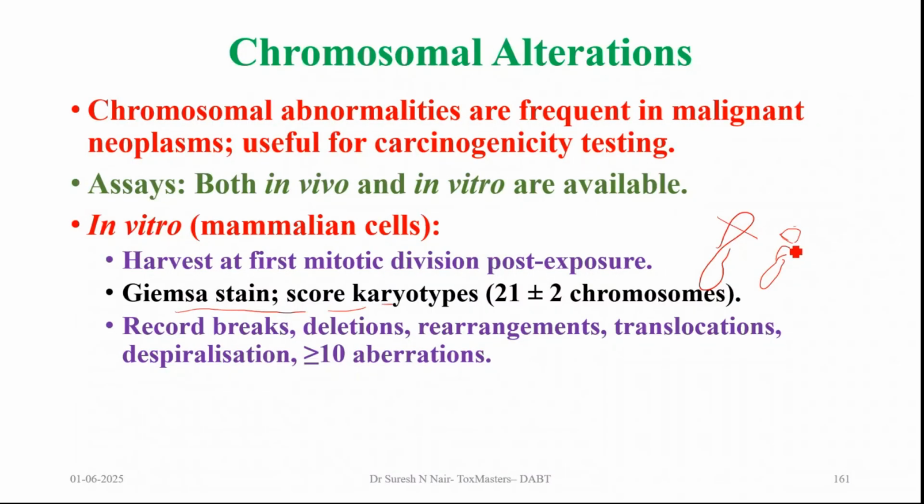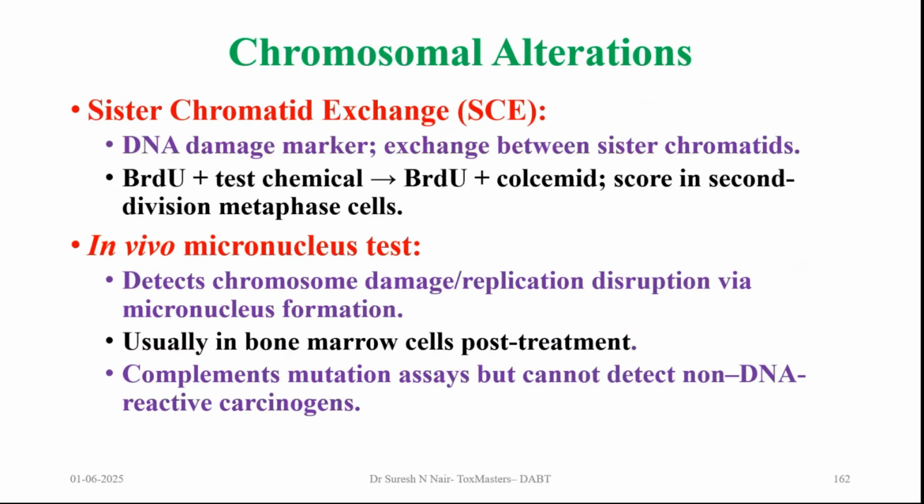This test is actually done with karyotyping, and even fluorescent in situ hybridization. The FISH technique also employs this. Then there are chromosomal alterations like sister chromatid exchange and the in vivo micronucleus test.